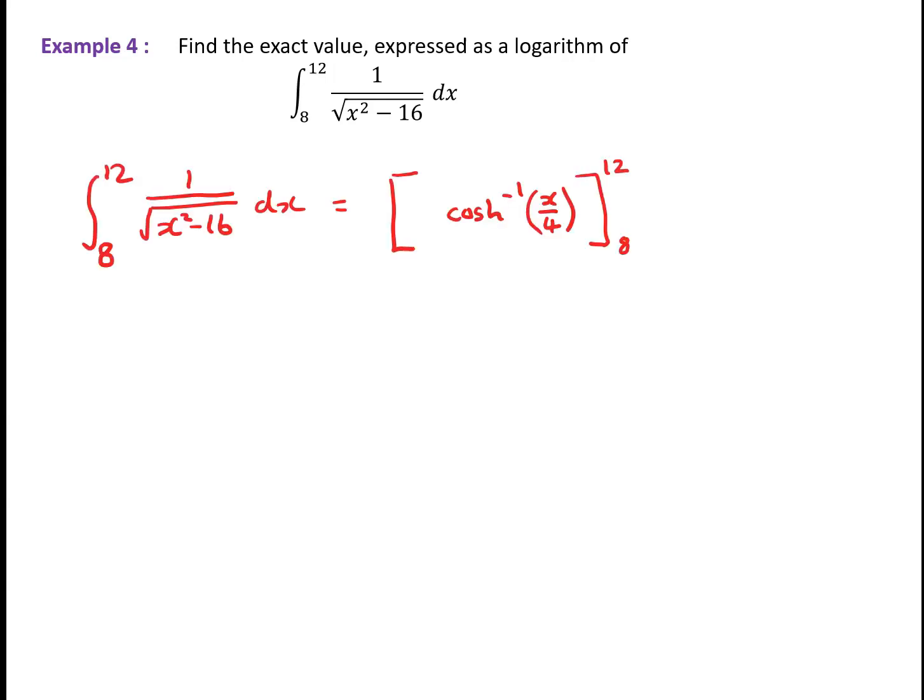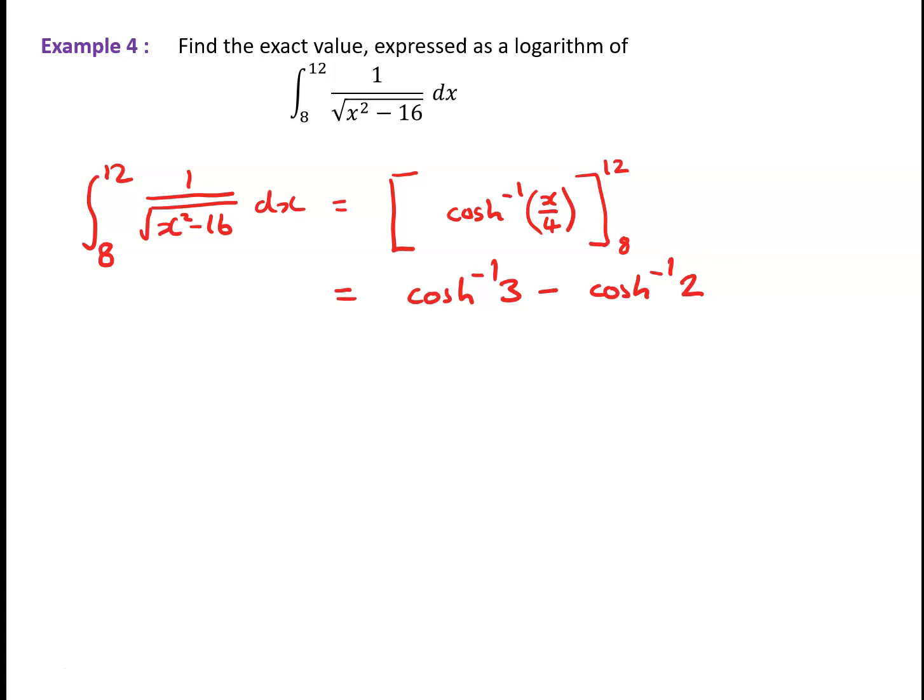So the integral of 1 over root of x squared minus 16 dx is, using our standard integrals that we've just established, the value of cosh to the minus 1 of x over 4 when x is 12, take away the value when x equals 8. So we've got cosh to the minus 1 of 3, take away cosh to the minus 1 of 2.